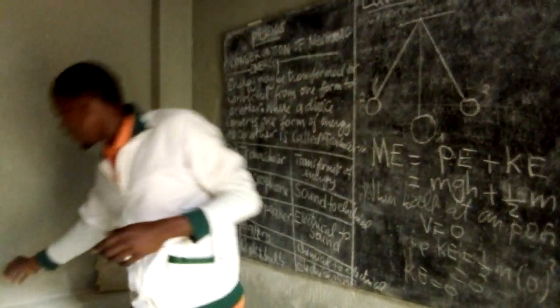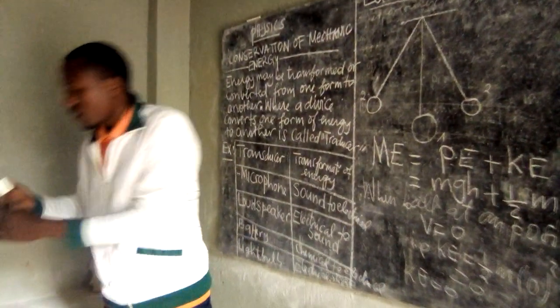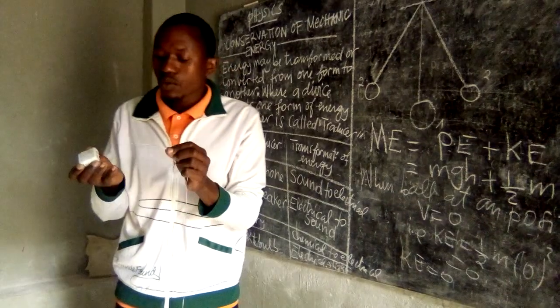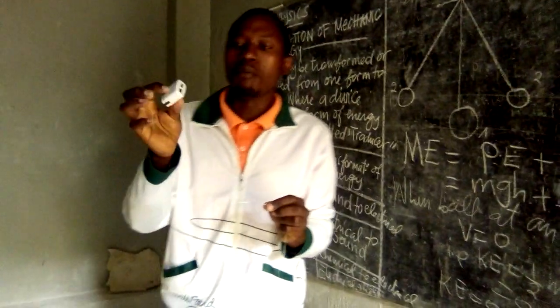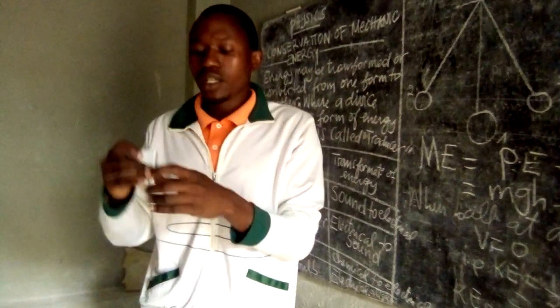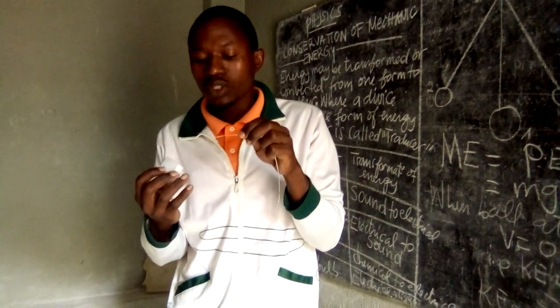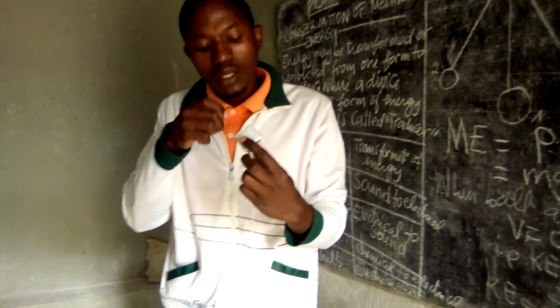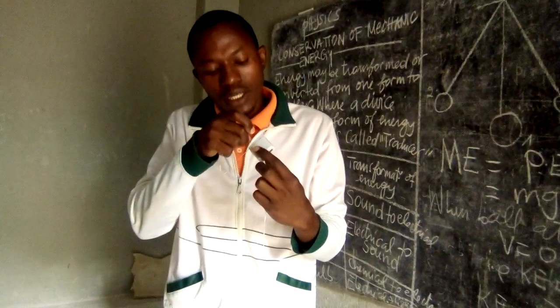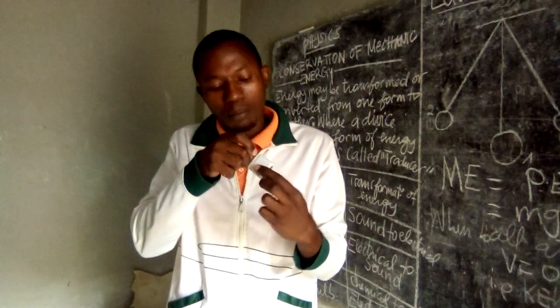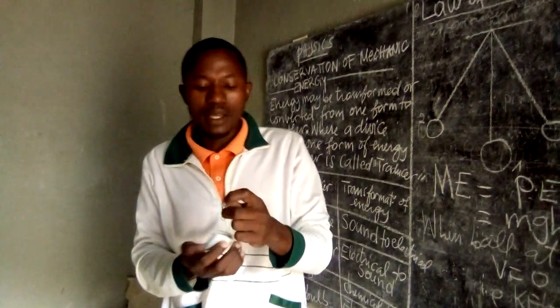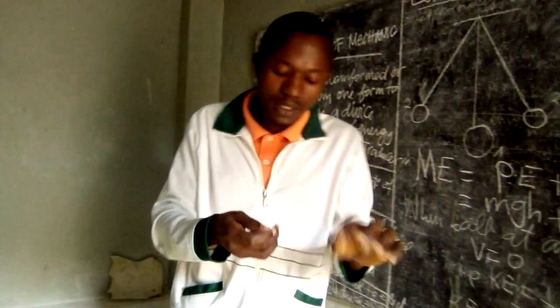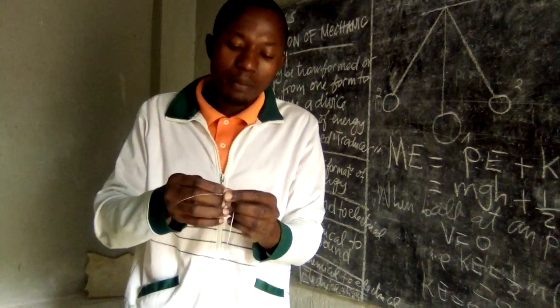For example, let's consider this one as a bob and this is a string. Then let us use those things to make a pendulum.